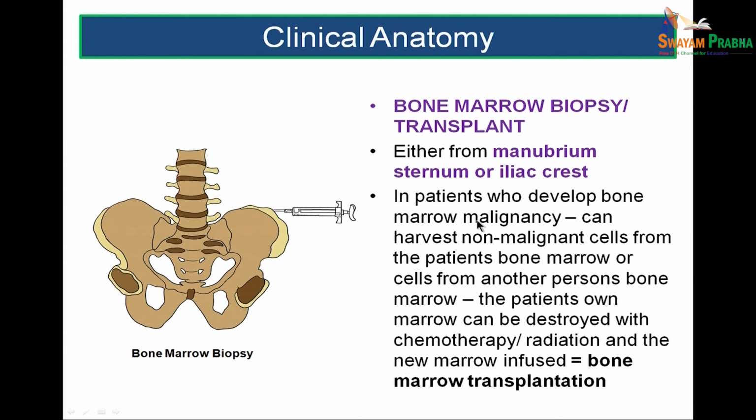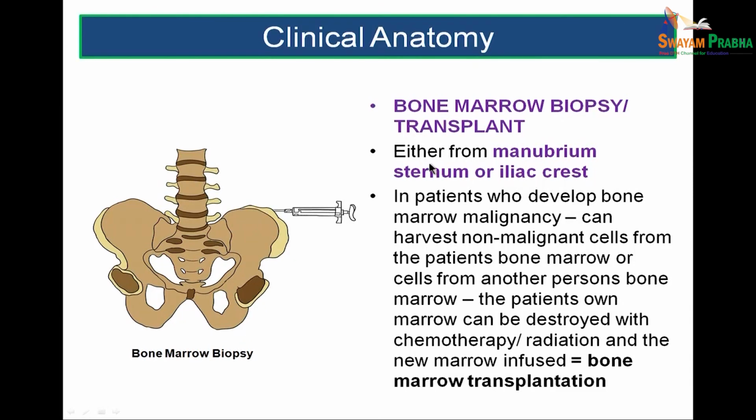Bone marrow biopsy or transplant. Now, you must have heard of cases of leukemia. How are these cases diagnosed? You are basically doing a bone marrow biopsy to decide whether the bone marrow is functioning well or not. How do we do this bone marrow biopsy and what are the sites for doing it?